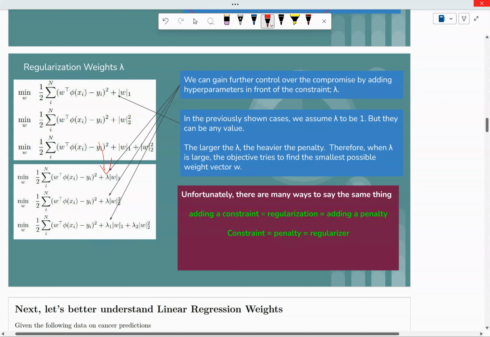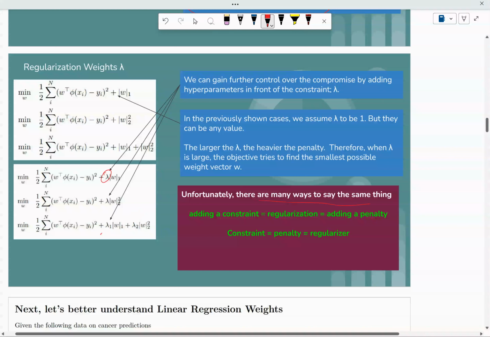In fact, the impact is zero. So you can essentially control how much you care about this constraint by controlling the value of lambda. Now, notice how in elastic net it has two lambda values. Here, you can essentially control whether you want this constraint to be more important or this one to be more important.